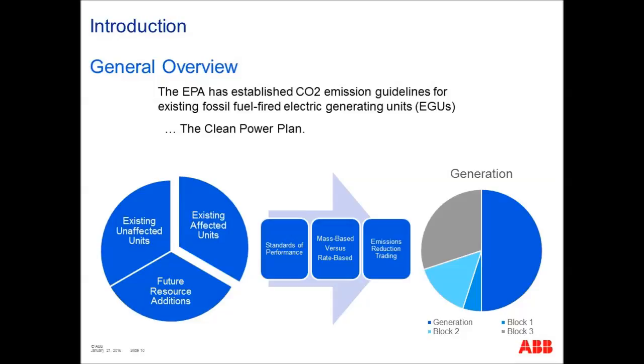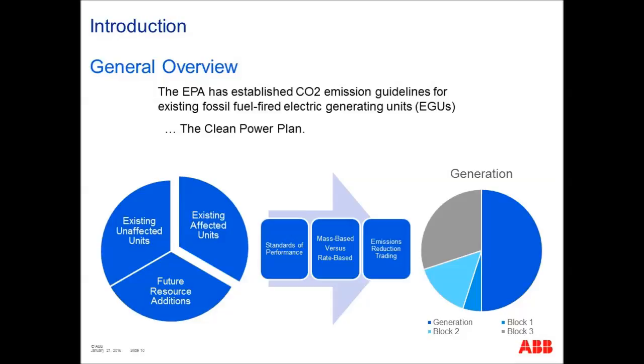Now, in this process, states and regional entities are developing these standards of performance, the emission standards, and then also looking at emissions reduction trading. And all this is designed to reformat the way we generate in order to reduce carbon emissions.